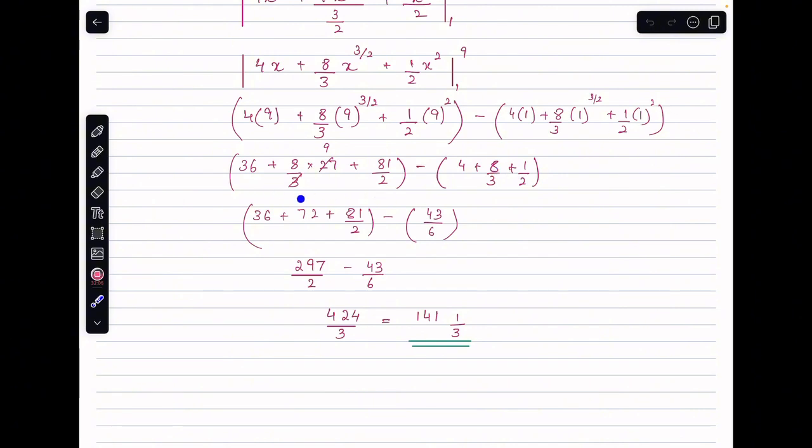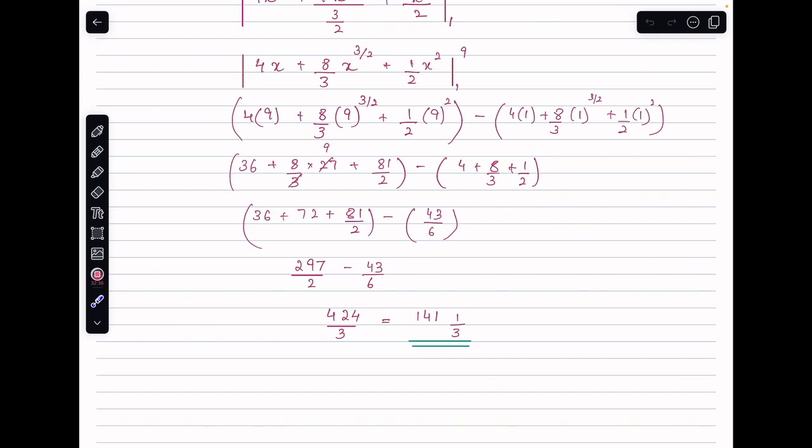So solving the upper limit and the lower limit, I shall be getting the answer as 297 divided by 2 minus 43 by 6, and then the final answer becomes 424 by 3, which then shall be equal to 141 whole 1 by 3, which is then going to be the numerical answer to this definite integral with the limits from 1 till 9.